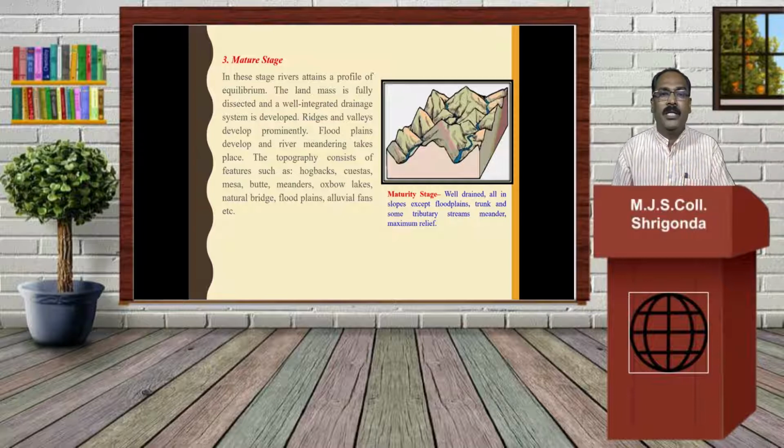Ridges and valleys develop prominently, floodplains develop and river meandering takes place. The topography consists of features such as hogbacks, cuestas, mesas, buttes, meanders, oxbow lakes, natural levees, floodplains, alluvial plains, etc.